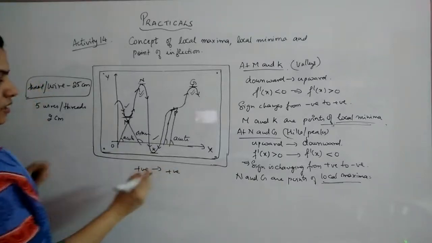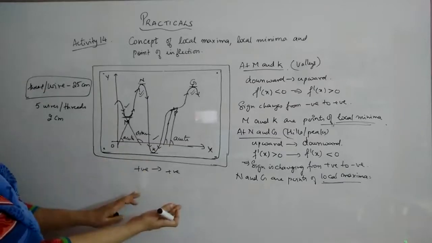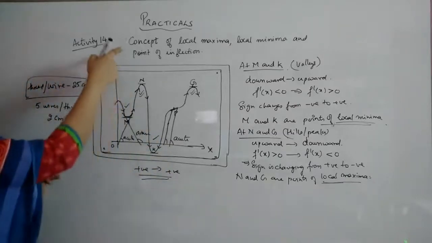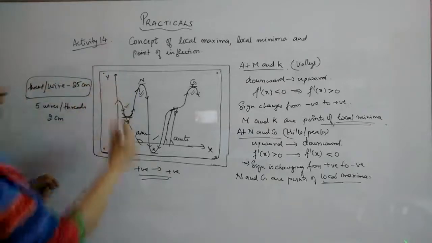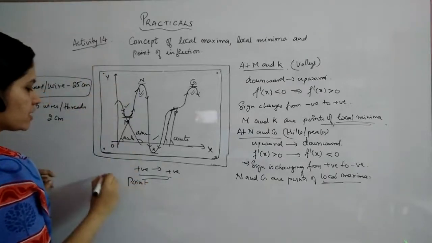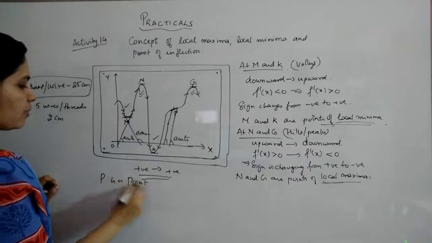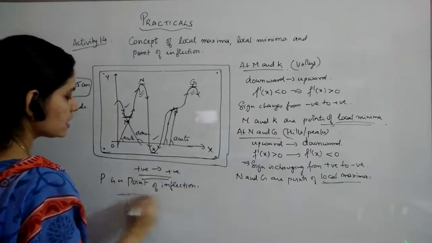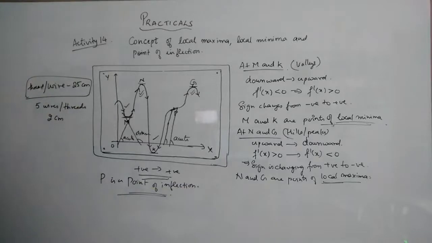It is going from positive to positive, no change in the sign. If you don't have any change of sign, that point is known as a point of inflection. So we can say that P is a point of inflection since it is not changing its sign from left to right. Okay.